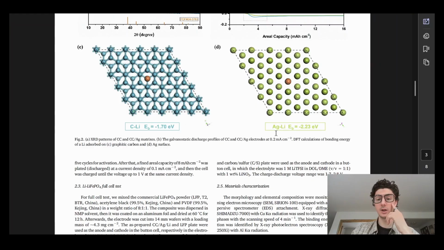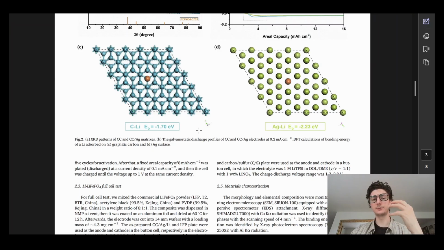Meanwhile, over here we have a silver matrix, silver lattice. All these little green yellow dots are silver, and this red orange one in the middle is lithium. We can see the binding energy is negative 2.23, which is lower. So what these DFT calculations are telling you is the binding energy is lower for a lithium ion, a lithium atom, whatever, in a silver matrix as opposed to a carbon matrix, graphitic carbon, whatever that is.